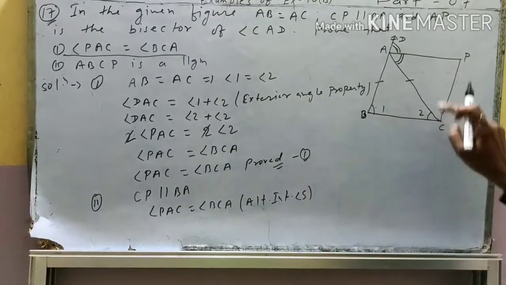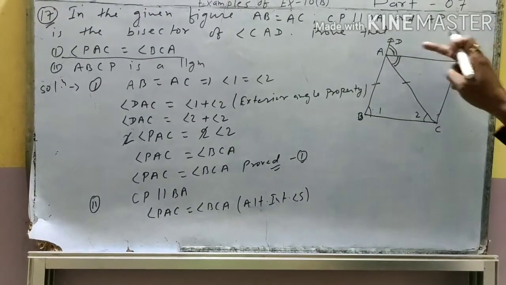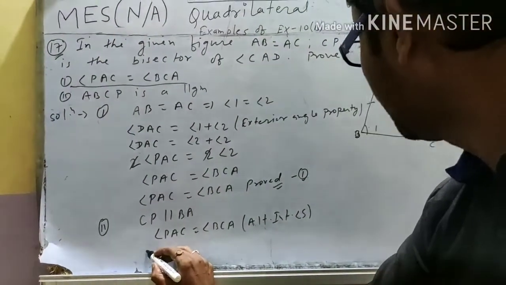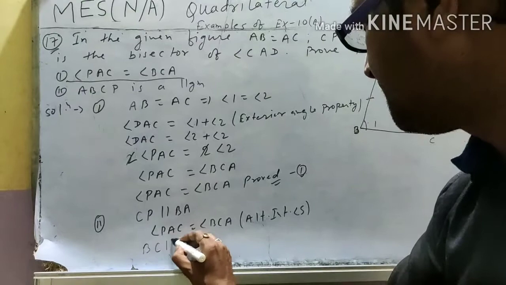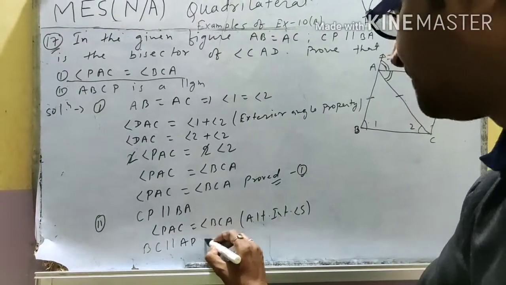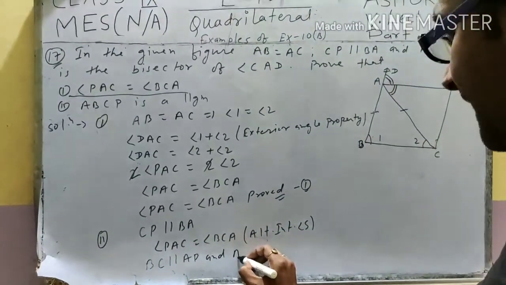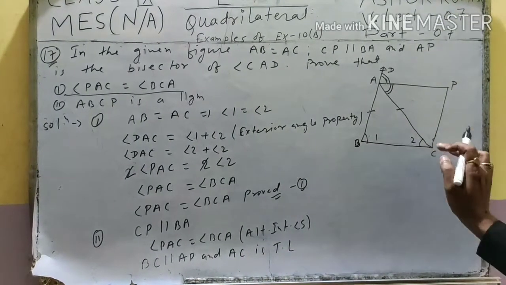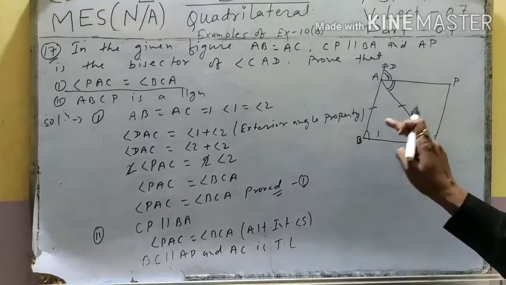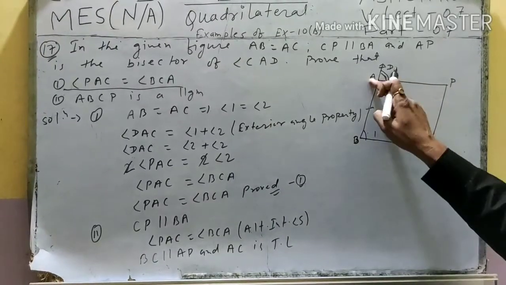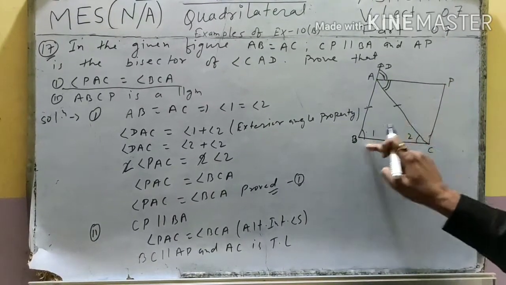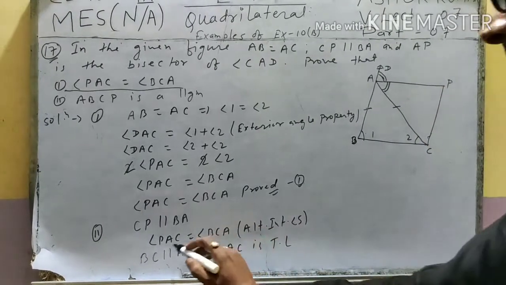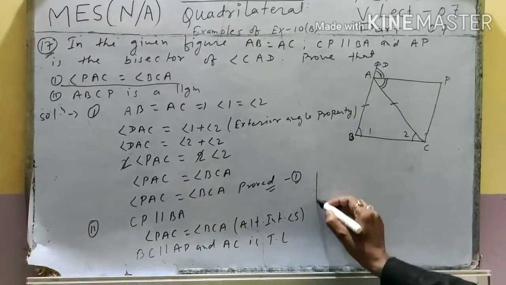If BC is parallel to AP and AC is the transversal, then this angle is equal to this angle.